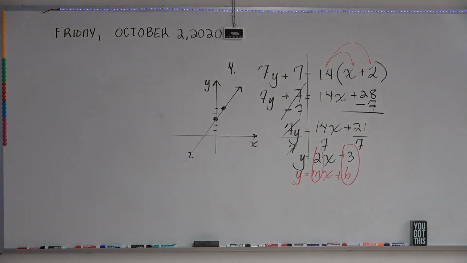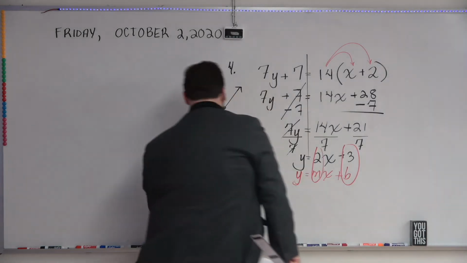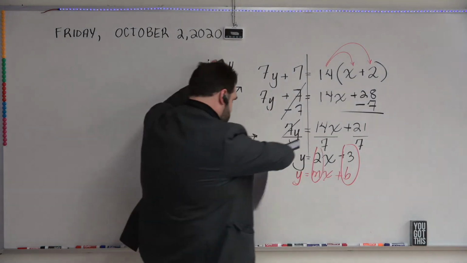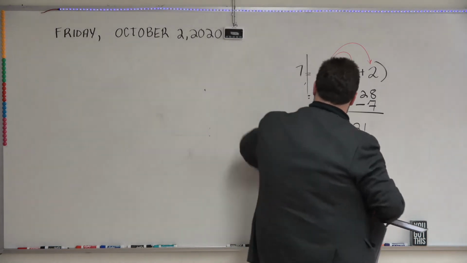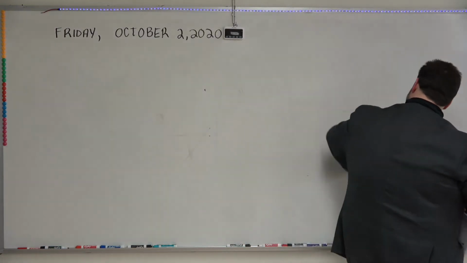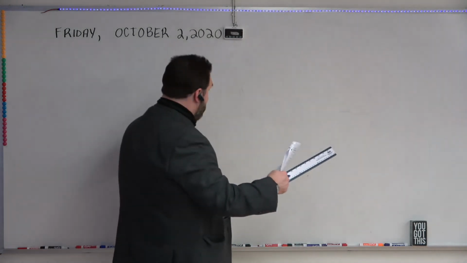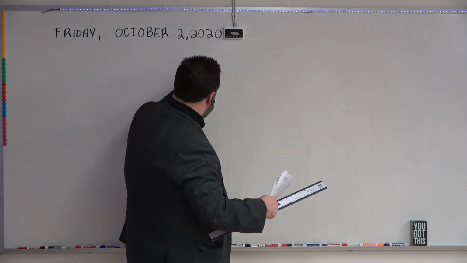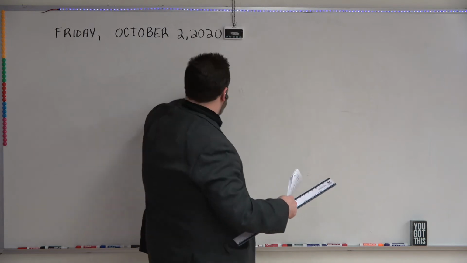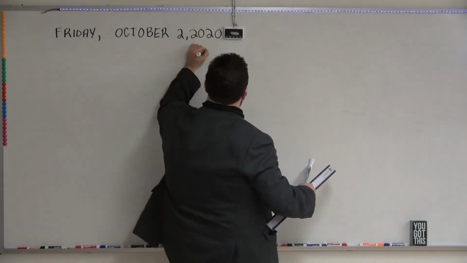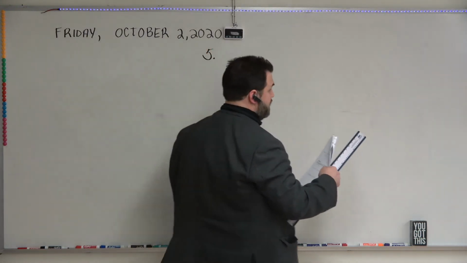Moving on. 2 more to go, and then we're finished in record time. Number 5. Here we go. Now these are going to get a little bit more complicated. In fact, I'm going to write it a little bit higher up.